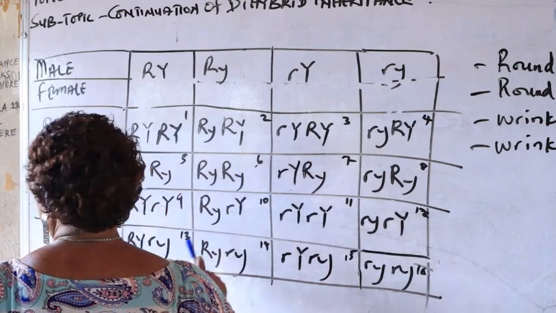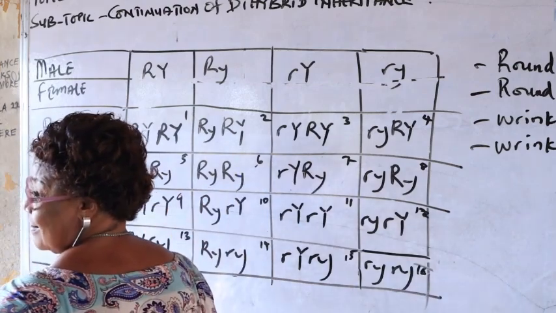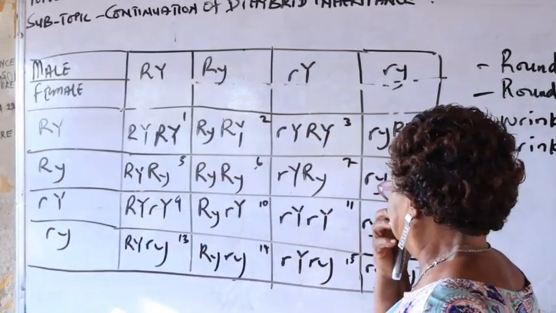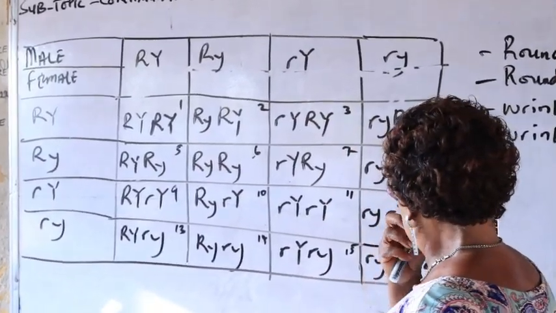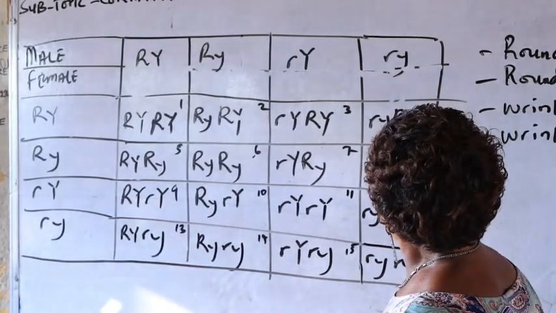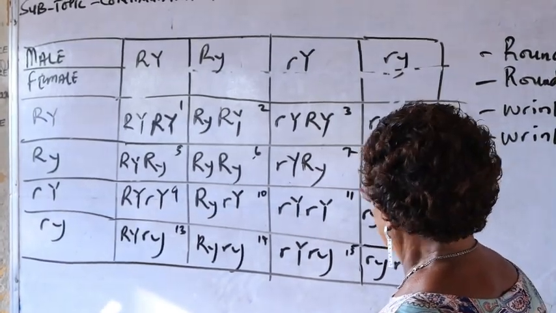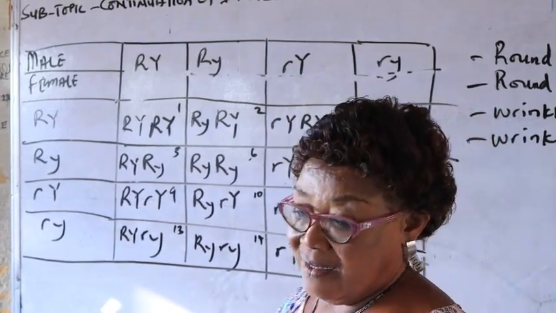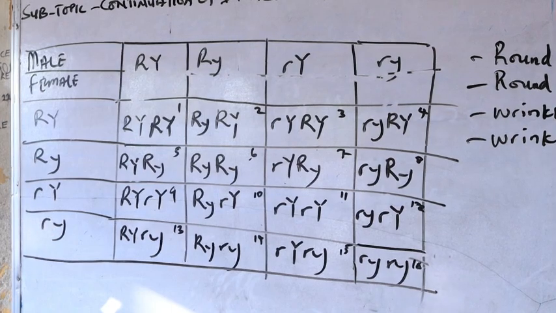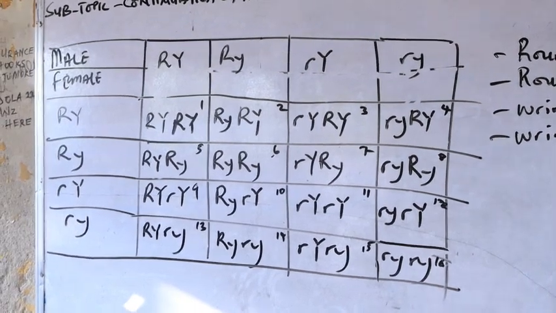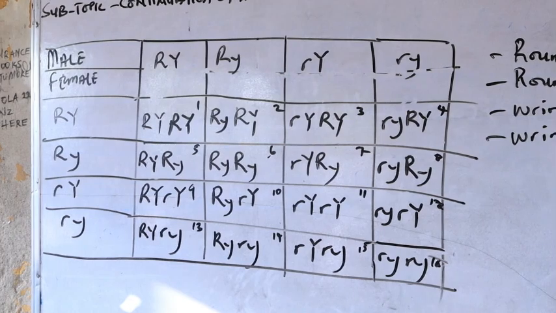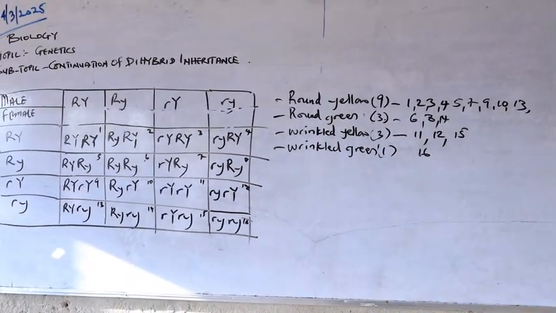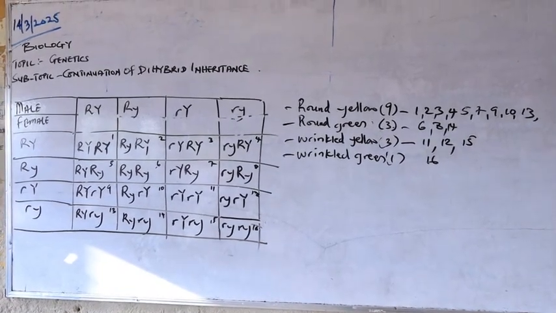Mine is 4. It's 14, homozygous for green, and it is round. That is now 4 and 8. It's 4 and 8. You don't understand.